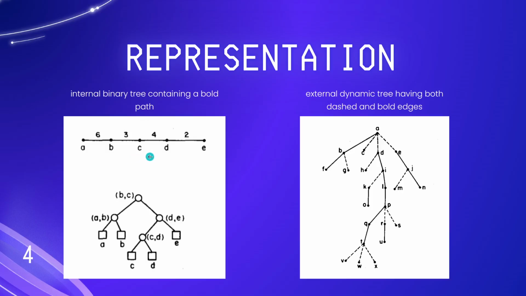Now the interesting thing is that if I do an in-order traversal of the binary tree, I will get back the same order A, B, C, D, E as of my original path, where A is considered the head of the path and E is considered the tail of the path. A small note to make here: if I consider the path ABF, actually the head of this path is the one which is lower down, which is F, and the tail is the one which is higher up, which is A.